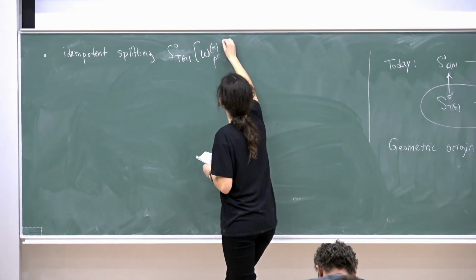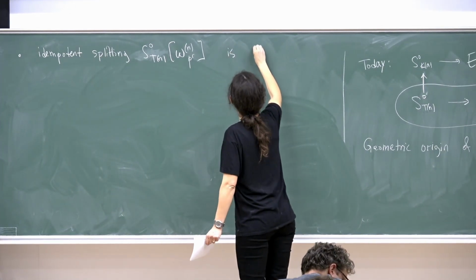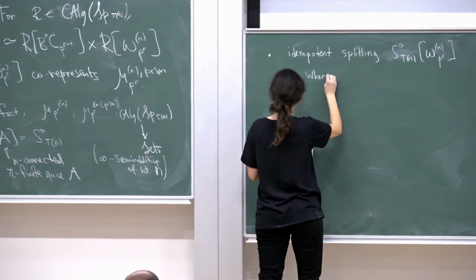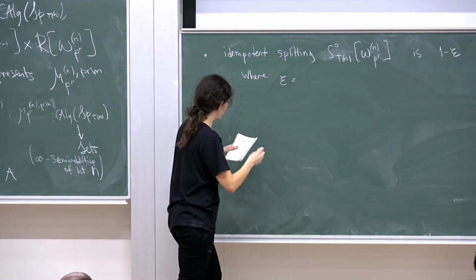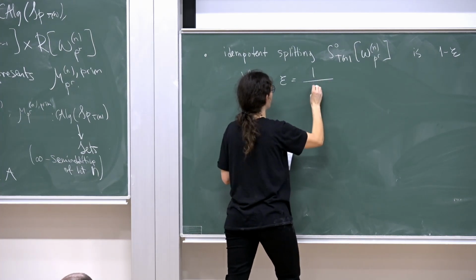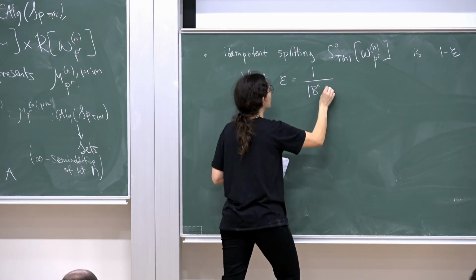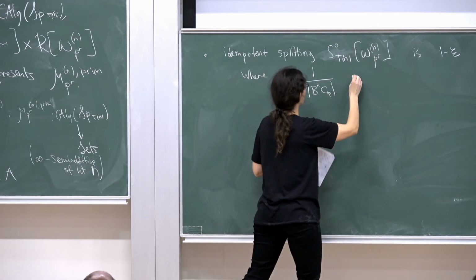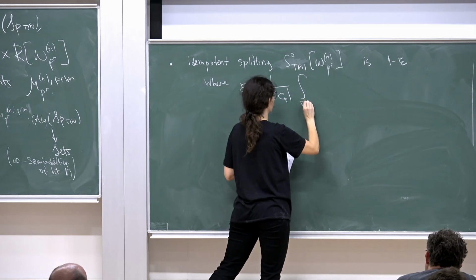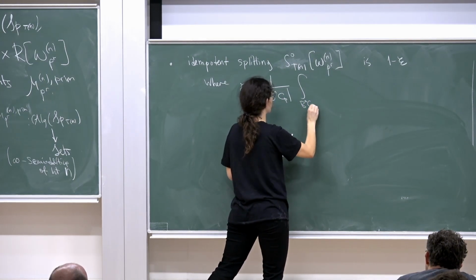there's a lot of writing in this as well. So this idempotent is 1 minus epsilon, where epsilon is this funny expression, where there's some kind of division by the cardinality of B Cp of this sort of similar kind of thing in integral.